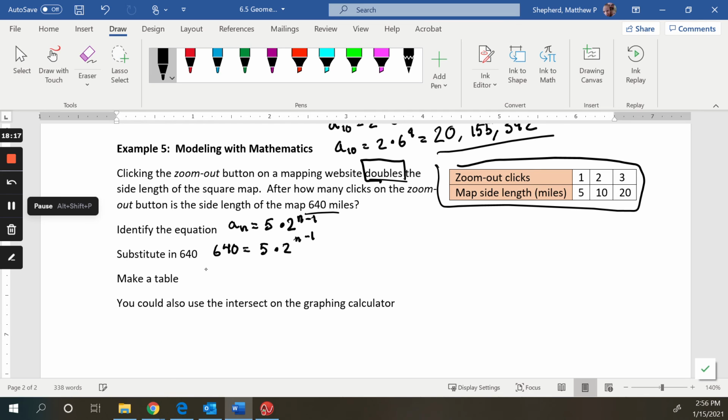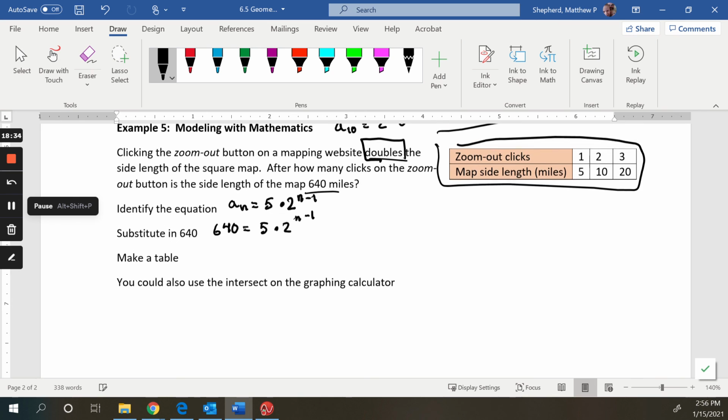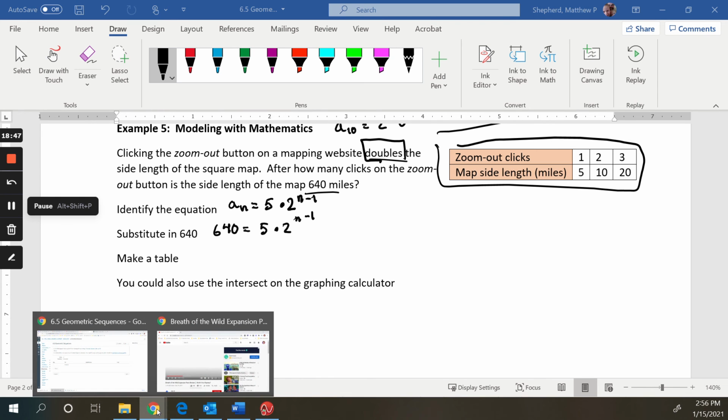So we want to figure out what n would finally bring us to 640. Okay? So we could do different things here. We could make a table, and we could just continue out our table. We don't know how long it could take. So another thing we can do is to use a calculator.